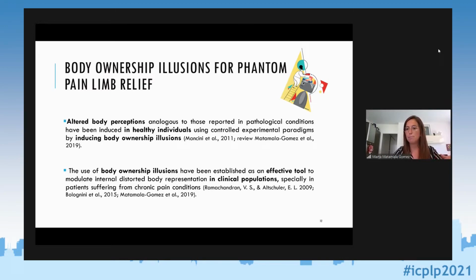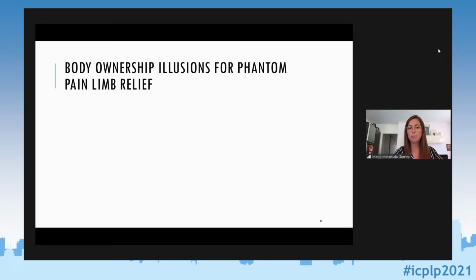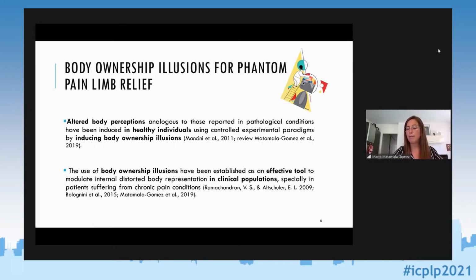We can manipulate the perception of the body and reproduce these distortions in healthy subjects. So we can do the opposite effect. We can use these body ownership illusions in clinical populations to normalize the distorted representation of the body. And this is the idea. This normalization of the altered representation of the body after the injury or after the amputation may have an impact on the perception of pain.